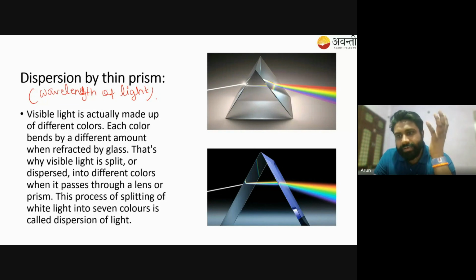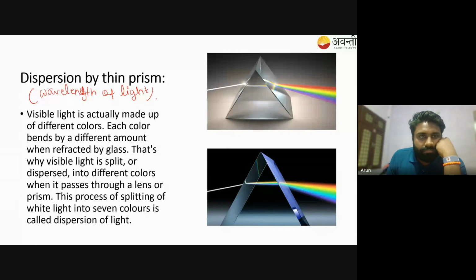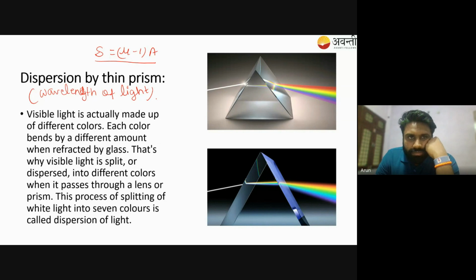So more is the refractive index, more is the deviation. We have seen this formula: deviation delta equals (mu minus 1) times A. It is the deviation from a thin prism. In this formula, you will see that mu is directly dependent on delta.